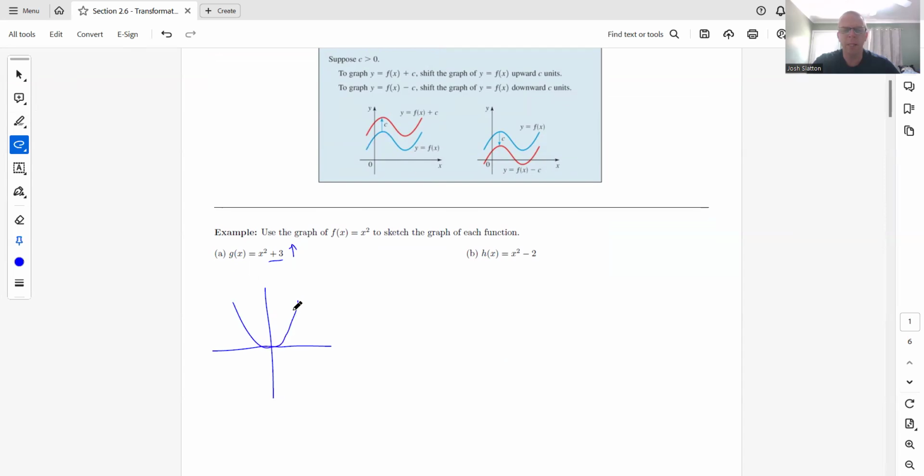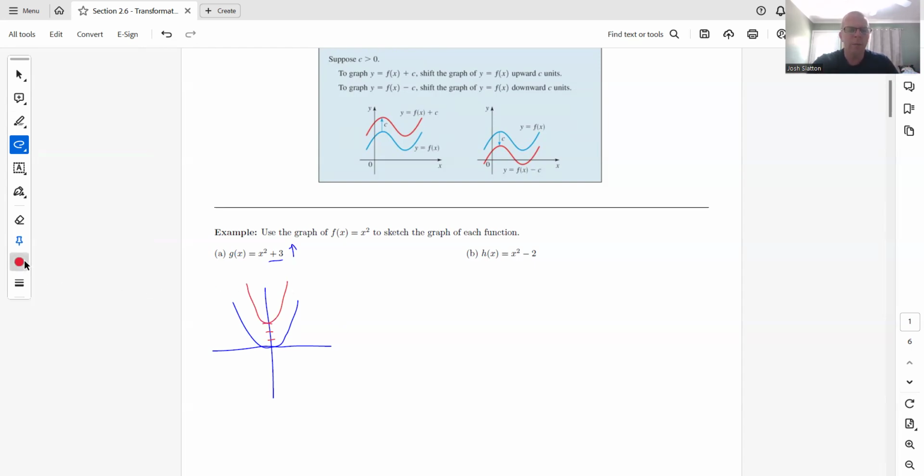The blue will be our parent function, in this case, x squared. Let's make the red be the new function, x squared plus 3. So we're going to go up 3: 1, 2, 3. And then it's just going to be that one. Same shape. We're not making it thin or anything like that. We're just taking that graph and moving it up 3.